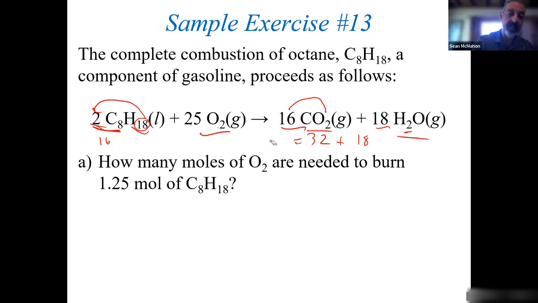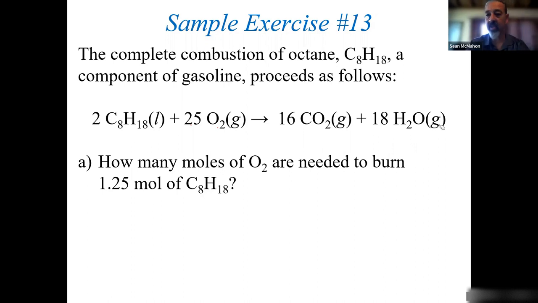So what does that mean? Now that this is balanced, I can predict mole ratios. And if I can predict mole ratios, I can do mole to mole calculations. So how many moles of O2 are needed to burn 1.25 moles of octane? So my mole ratio, I want moles of O2.